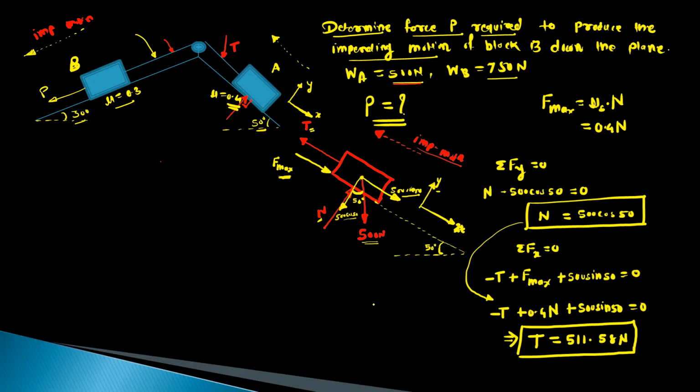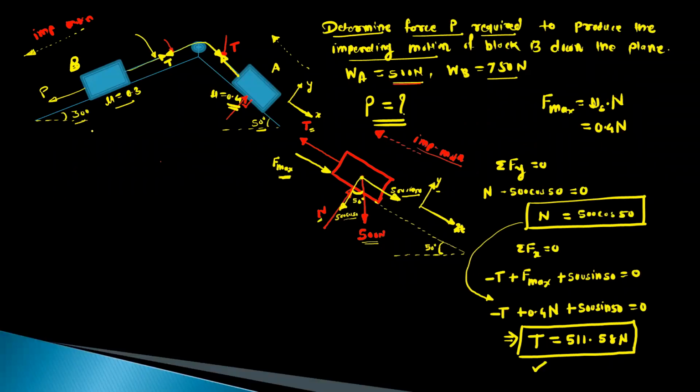Okay. So when we consider the free body diagram for the block B, it will have the same tension value. Okay, because this rope is connected to block A and the block B, and tension on both the sides will be same as the pulley is frictionless. Okay, so it is the same T on other side.